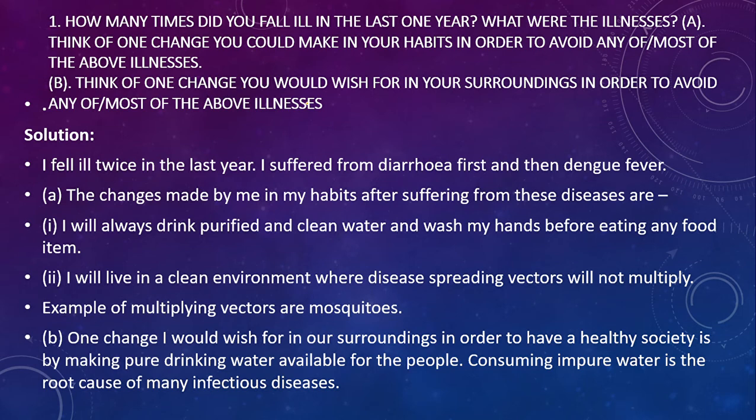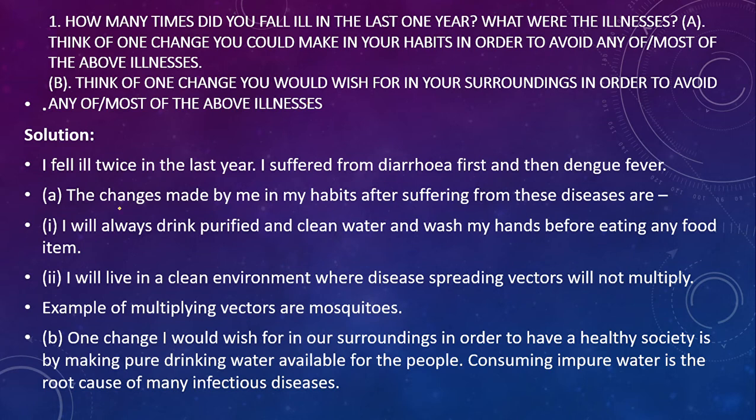So you have to think of the incident where you fell ill, and provide in the answer what you tried at that time. And the other thing is, if you think your illness is because of your surroundings, what changes can you make in your surroundings, that also you need to mention.